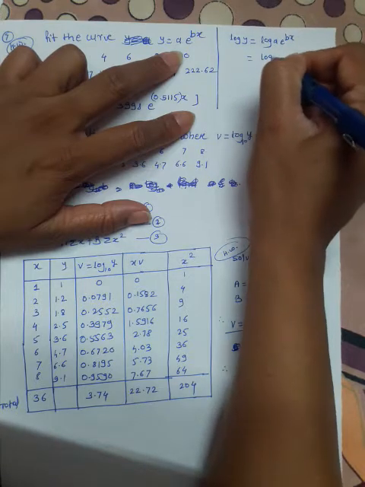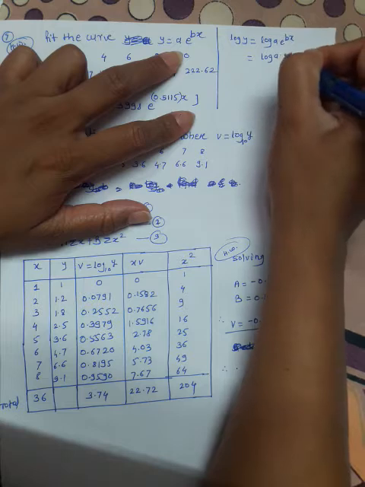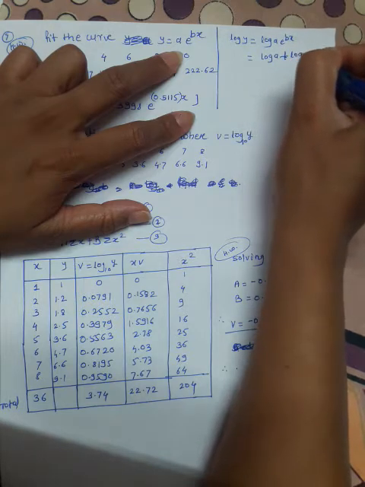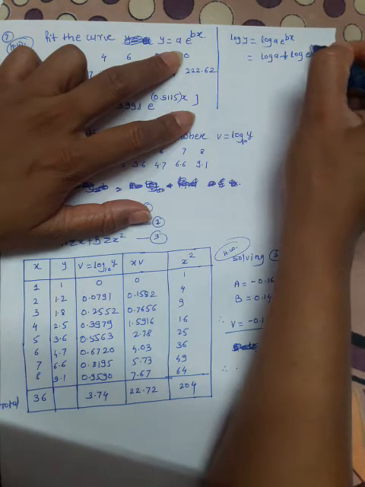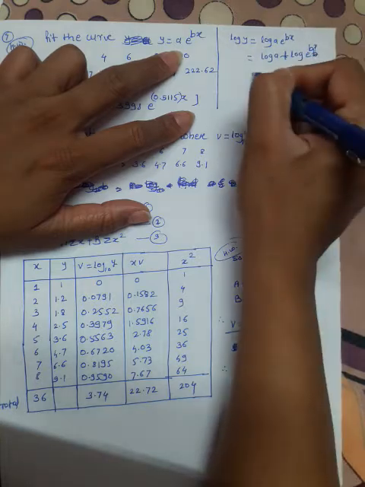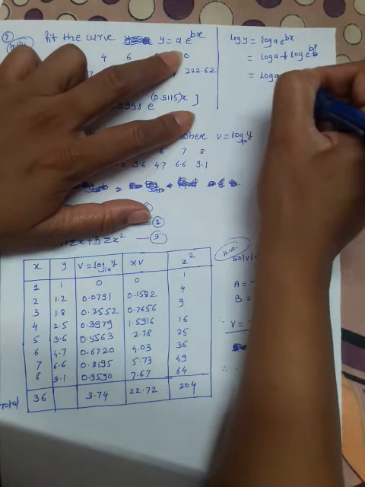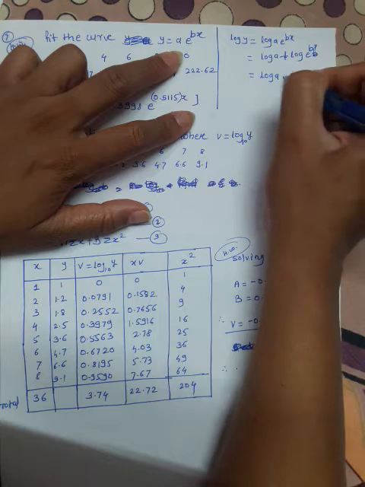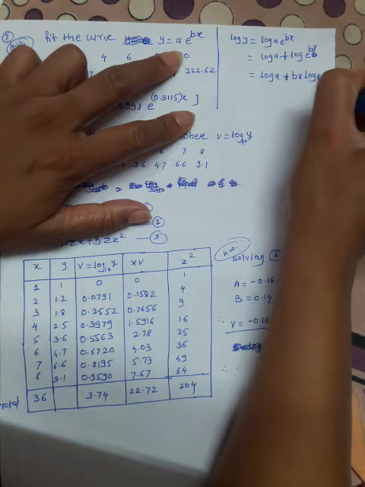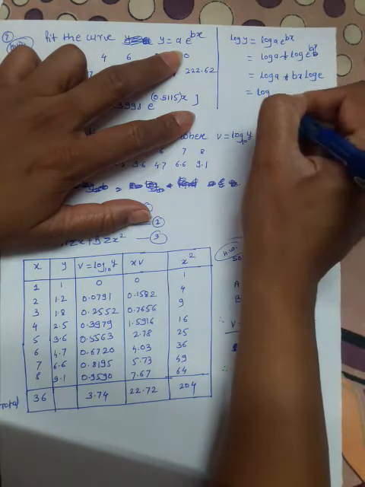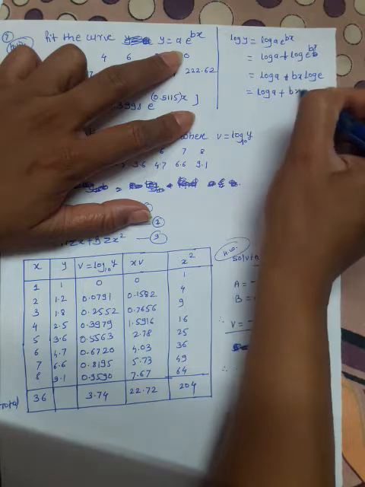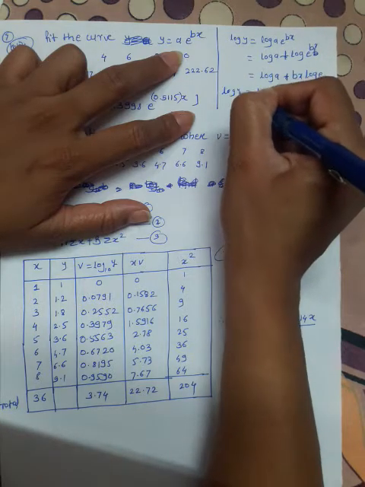Again log a plus log e raised to bx. Now again log a plus bx into log e. Again log e is 1, therefore log a plus bx. This is log y on the RHS.